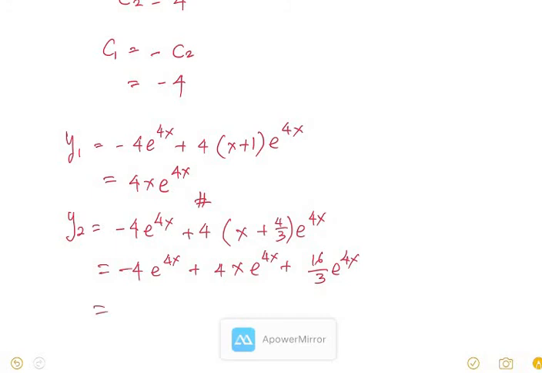So again, I can simplify it. So negative 4 e^4x plus 16 over 3 e^4x, I get 4x over 3 e^4x. So for this one, I have the x plus 1 over 3 e^4x. Okay, that's it for the y1 and y2.